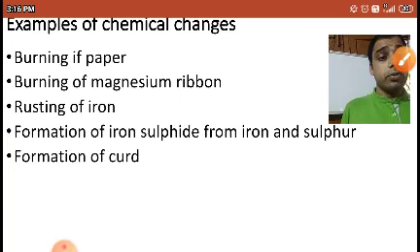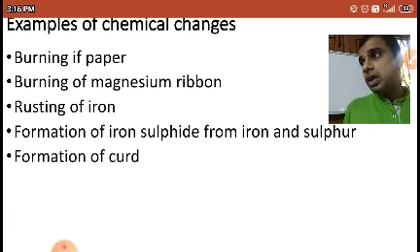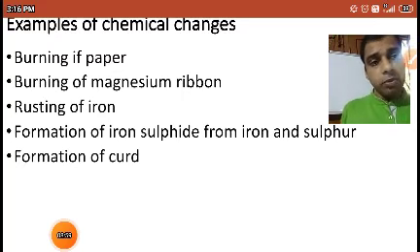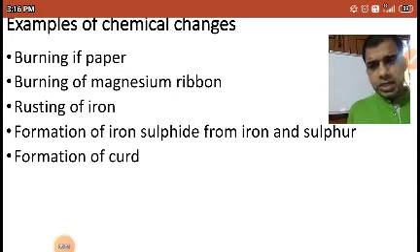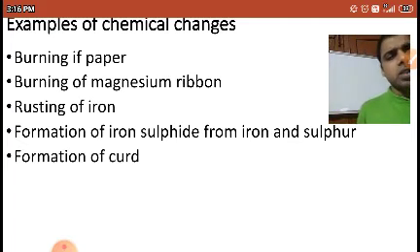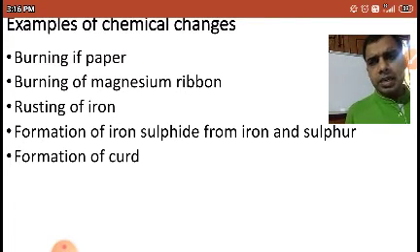Formation of curd: you know how to form curd. Curd is formed from milk. When you take milk and put some amount of curd into it, after some time you will see it produce a hard solid mass, that is curd. The thing that changes is the acidity; milk acidity and curd acidity have a difference.